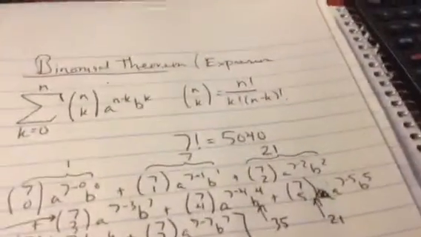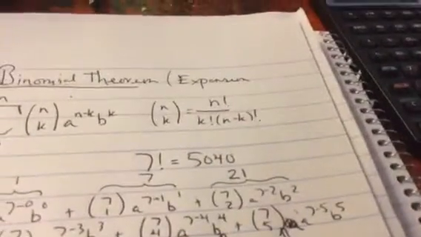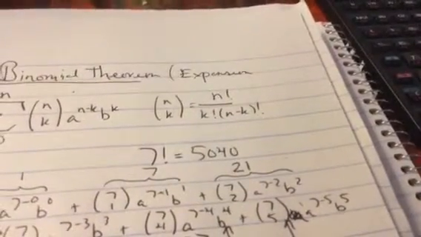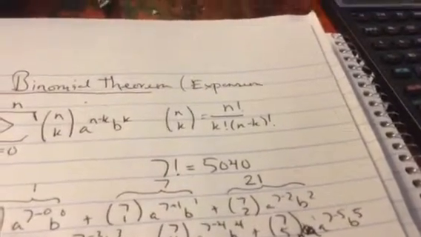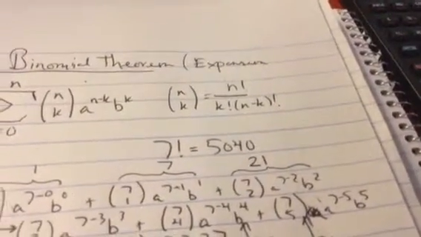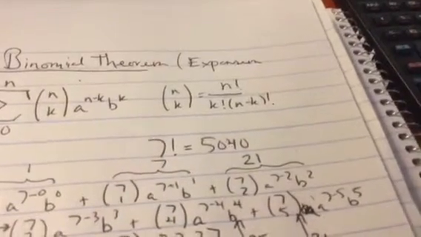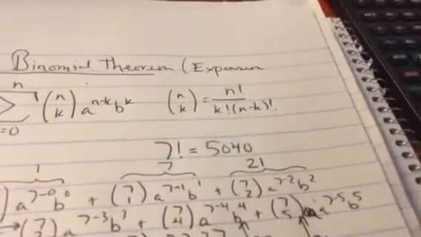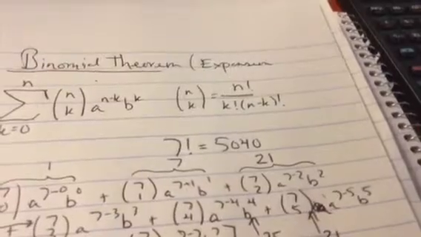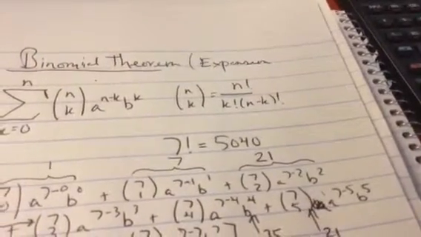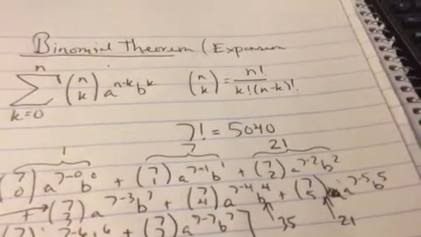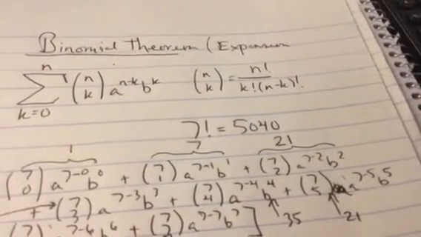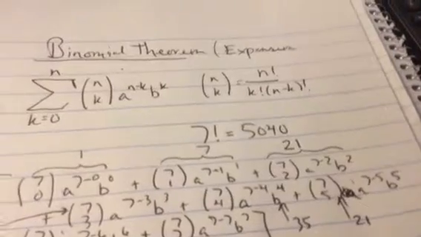n choose k specifically means this formula right here, where n factorial over k factorial times n minus k factorial, and that little exclamation point is a factorial. Say, 7 factorial, which happens to be 5040, is 7 times 6 times 5 times 4 times 3 times 2 times 1.